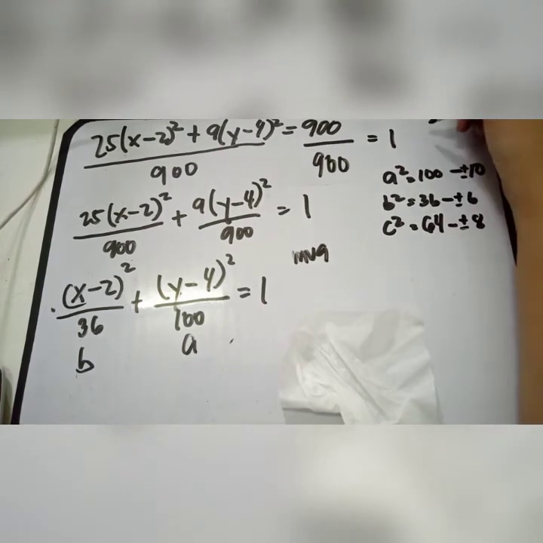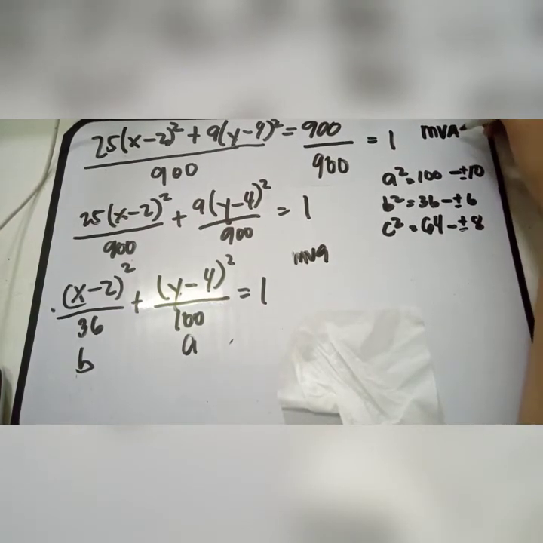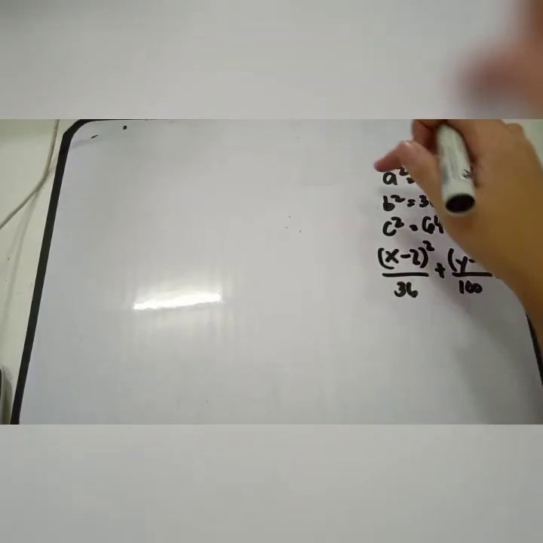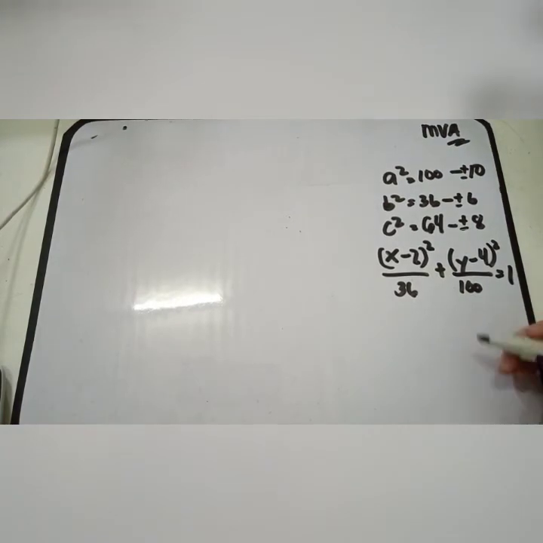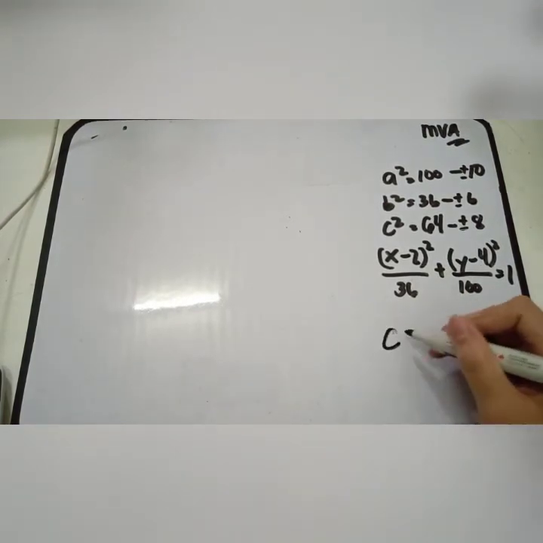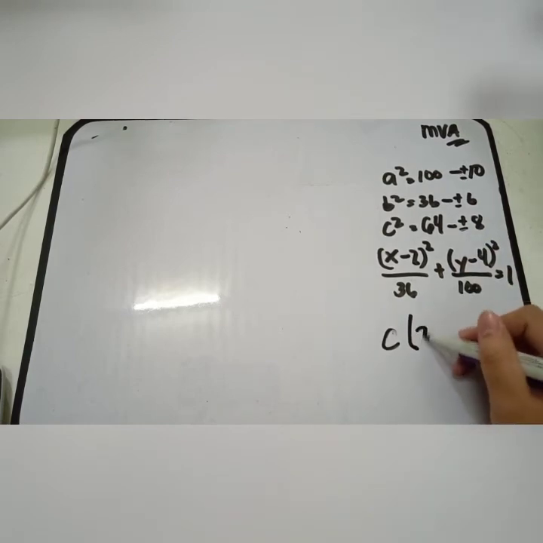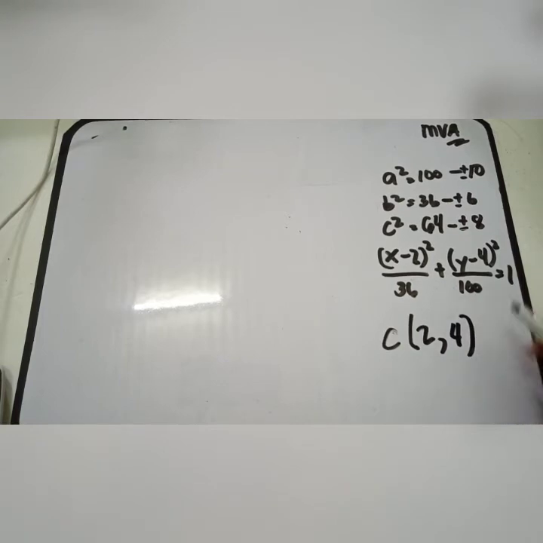Okay, remember, the major axis we have is the major vertical axis. We already have the A, B, and C. So, first, let's locate the center. So, the center, negative 2, so it will be 2 for the H, and then for K is positive 4.